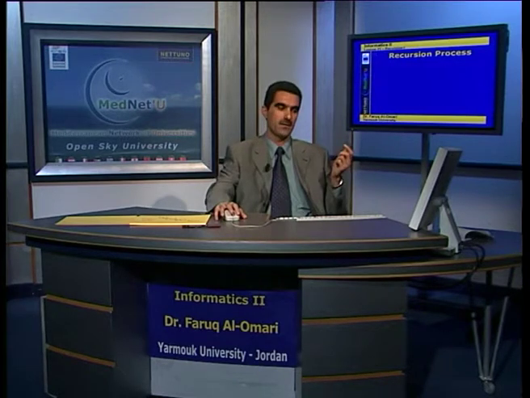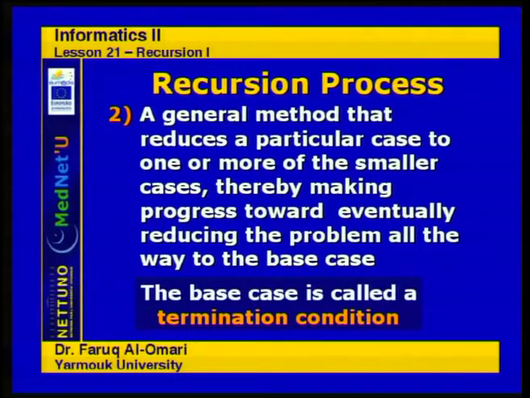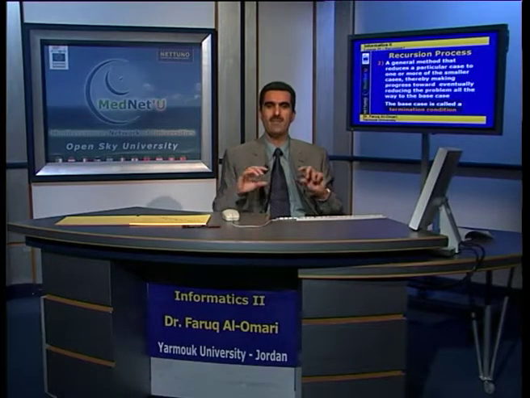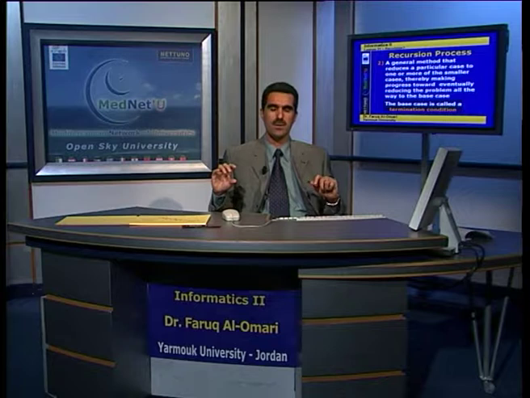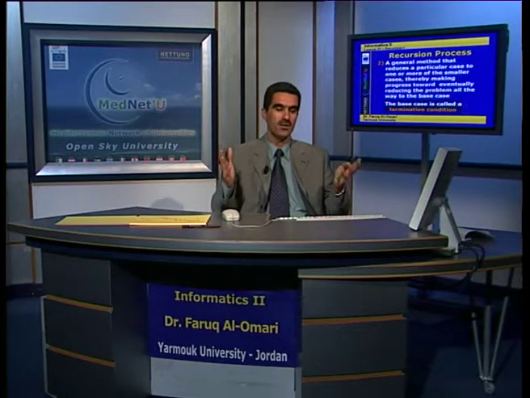All right. The second, well, a general case or a general method that reduces a particular case each time I make a call to that function. So that means when I reduce the size of the problem, then with these consecutive calls again and again, this case is going to keep reducing down and down till I reach the situation where I have the base case, the one I talked about in step number 1, and then that one is going to be executed without any recursion.